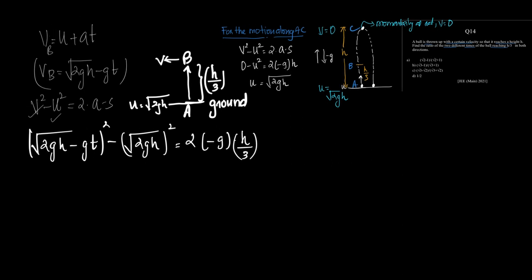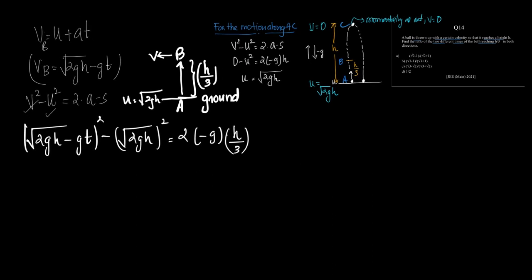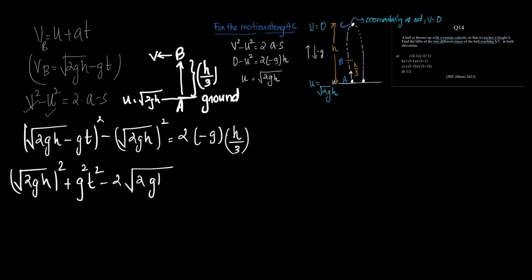Now, if we expand this equation, what do we get? We get a minus b the whole square, which is a square plus b square minus 2 into a into b. Minus root of 2gh the whole square, 2gh, is equal to minus 2gh upon 3.